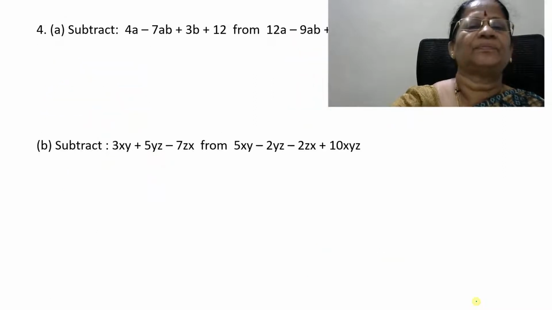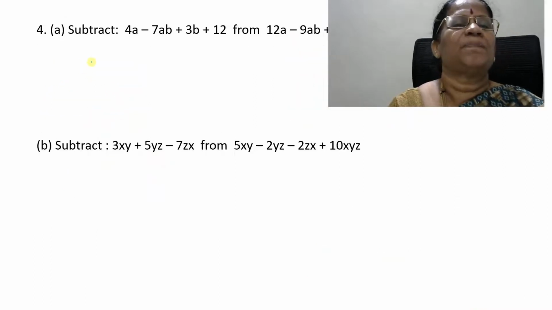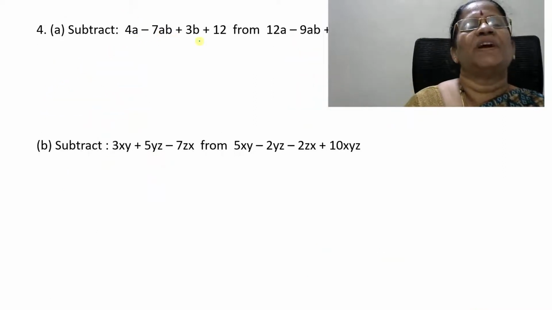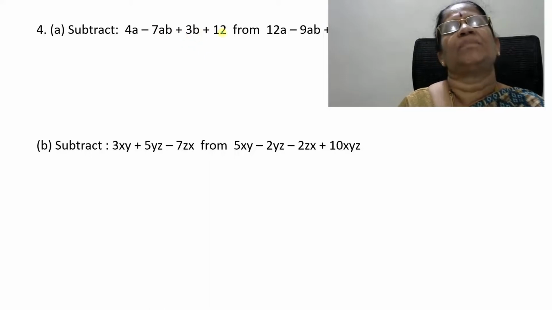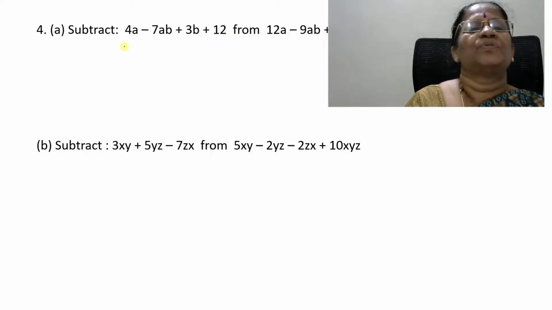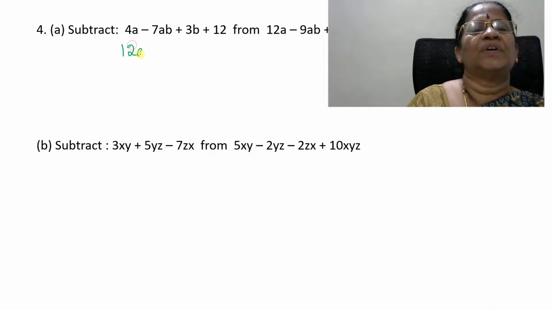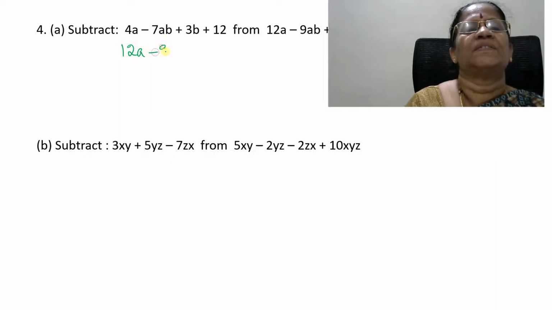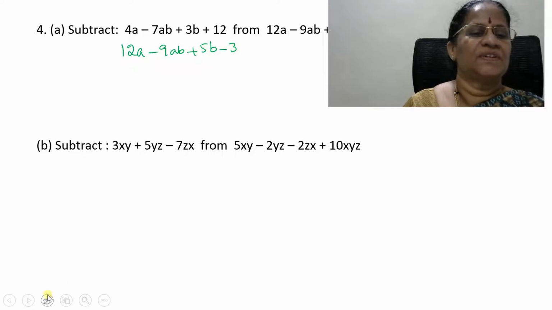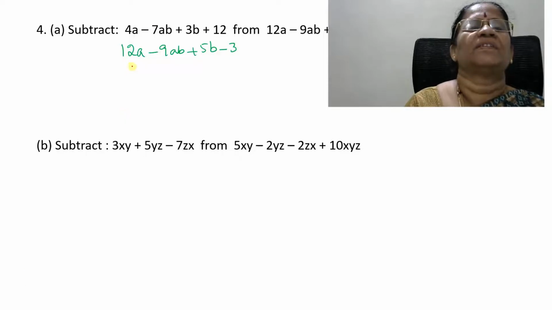Okay. Next, subtract 4a minus 7ab plus 3b plus 12 from 12a minus 9ab plus 5b minus 3. So from means you have to write 12a minus 9ab plus 5b minus 3. So this is the minuend. You have to write the subtrahend now.